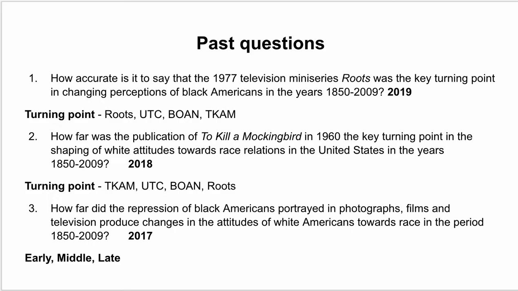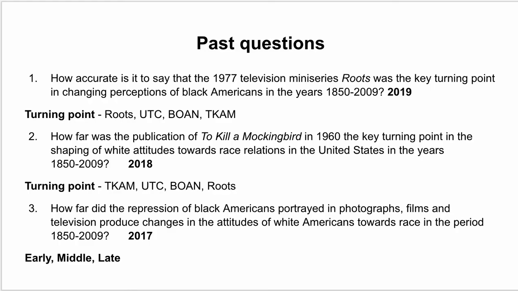From 2017: how far did the repression of black Americans portrayed in photographs, films, and television produce changes in attitudes of white Americans towards race in the period 1850 to 2009? That question doesn't have a specific focus, or a work that's going to be a turning point.